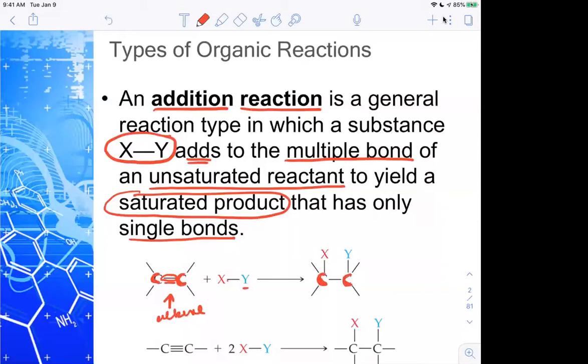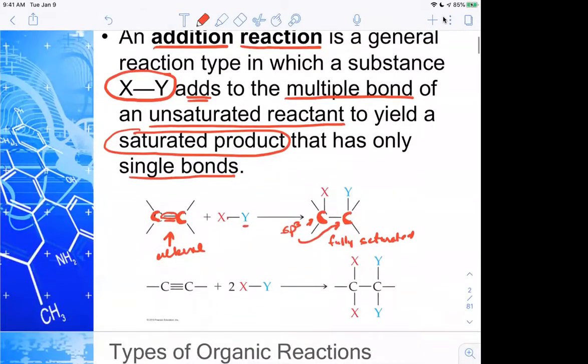So notice I went from a carbon-carbon double bond to two carbon something, a CX and a CY single bonds. This is fully saturated because these are sp3 carbons, which are tetrahedral. And this is what I call an addition reaction.